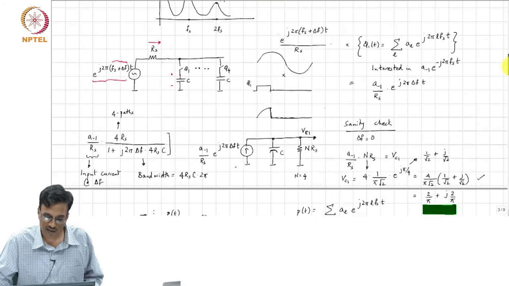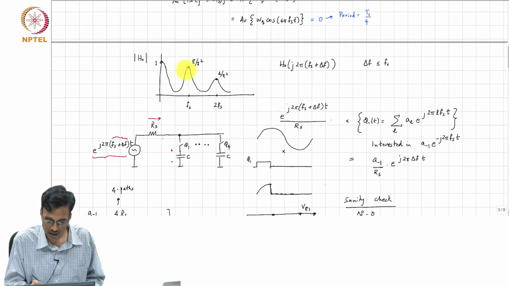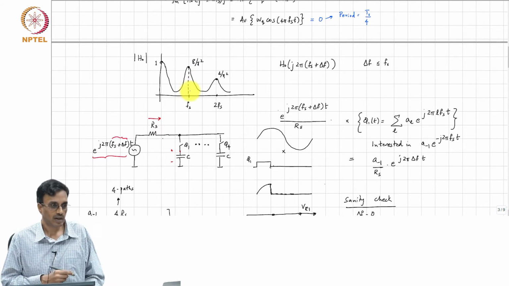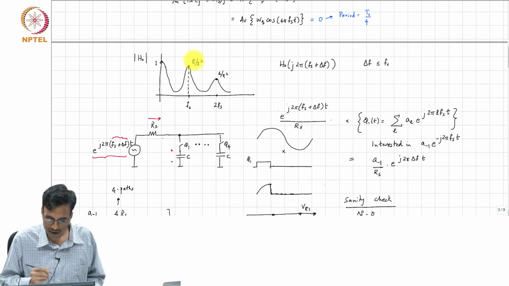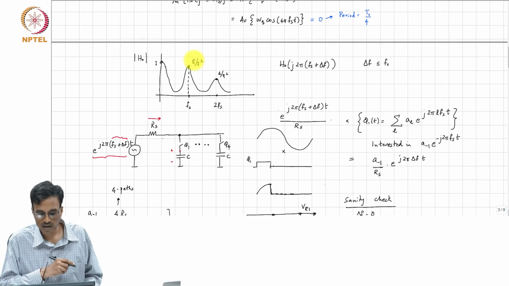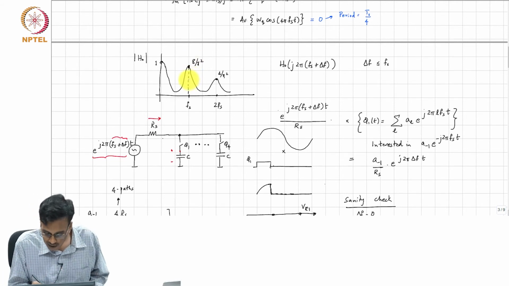So, what this is looking like, H 0 of j 2 pi f basically at Fs has a gain of 8 by pi square, and as you deviate, this is the delta f, this is Fs plus delta f.